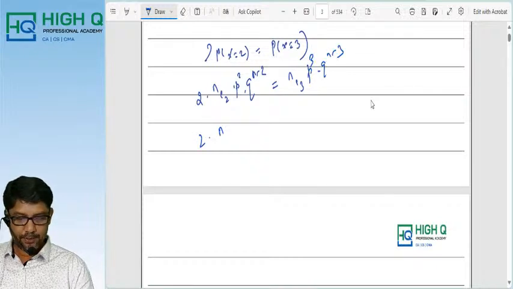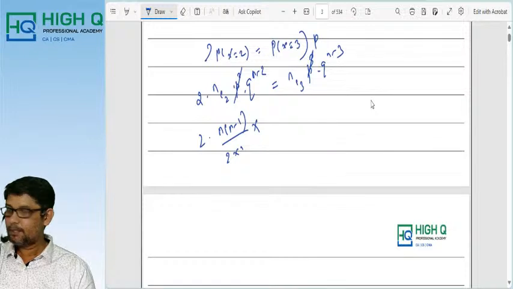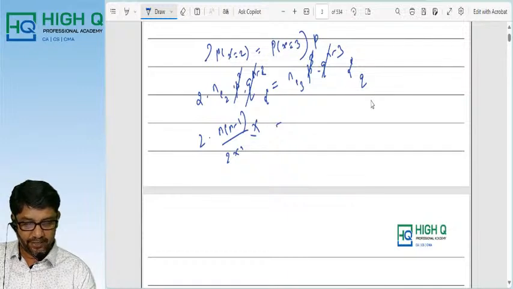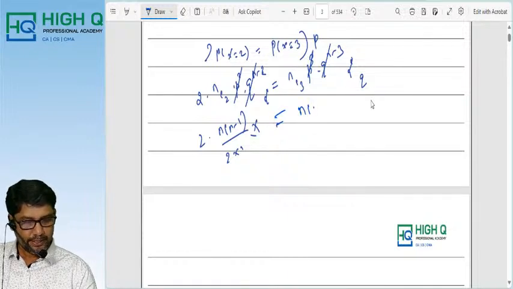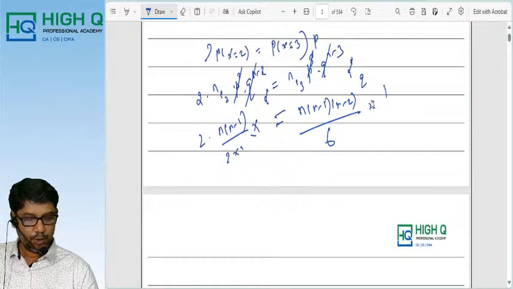So 2 times n into n minus 1 divided by 2 into 1. P square and P cube get cancelled, leaving 1 P. Q power n gets cancelled, Q power 2 by Q power 3, so Q will be in the denominator. So here everything gets cancelled: n minus 1, n minus 2 divided by 6 into 1 by Q.